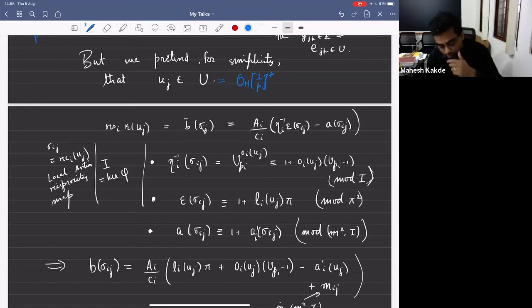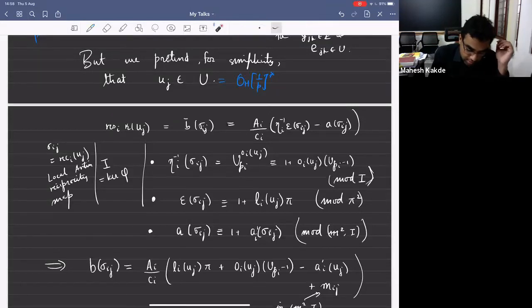It will send it to U to the power of the order of that element, right? Because eta is trivial at all the units. So you write your element as a unit times your chosen uniformizer to some power, and then eta will send it to that particular power of U_Pi.